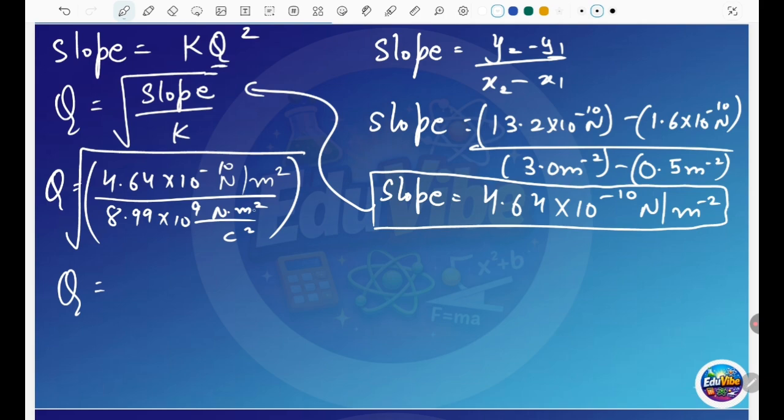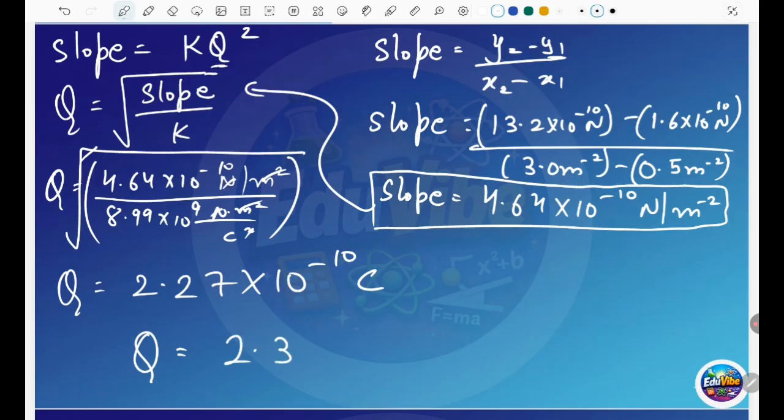When you do some calculation, meter square cancels, coulomb cancels, and the square goes with the root. When you solve both and take the root, you get about 2.27 into 10 raised to power minus 10 coulombs, so approximately 2.3 into 10 raised to power minus 10 coulombs.